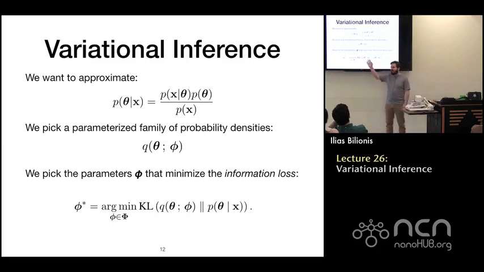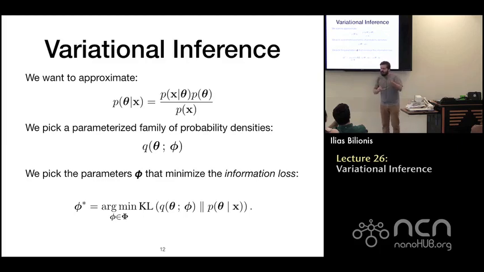It's not exactly that, but you can think of it like that. Or you can think of it as a distance, in quotes, because it's not a distance, but you can think of it as a distance between the truth and the approximation. And you want to minimize this distance.